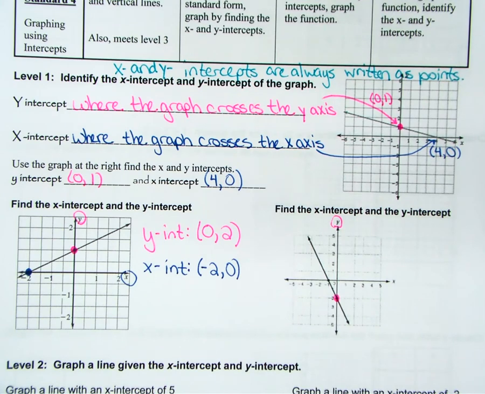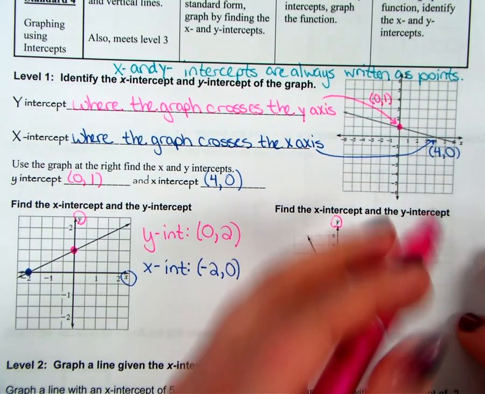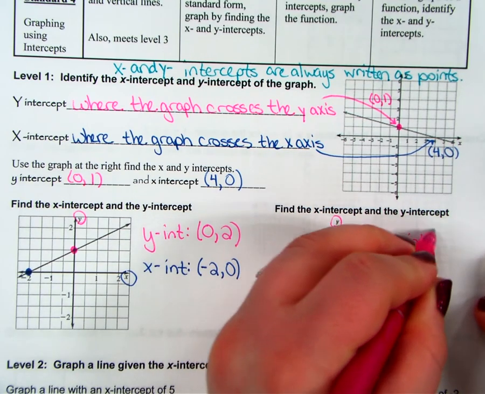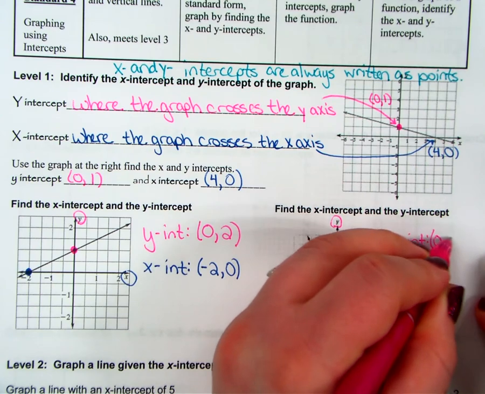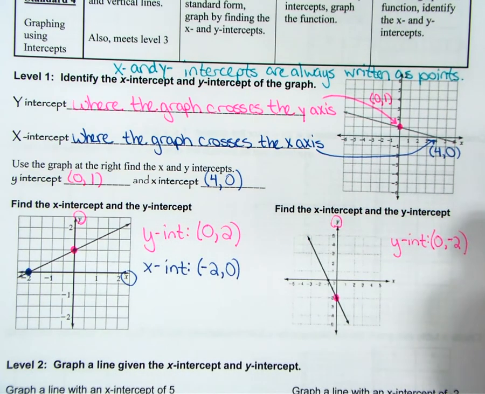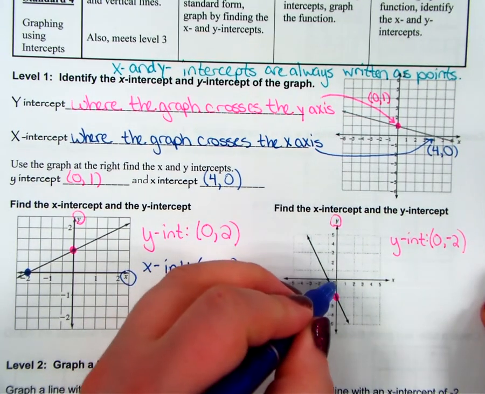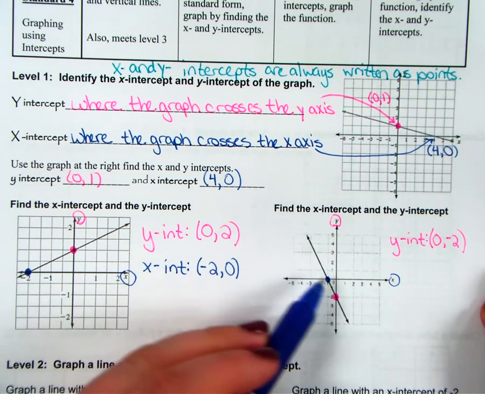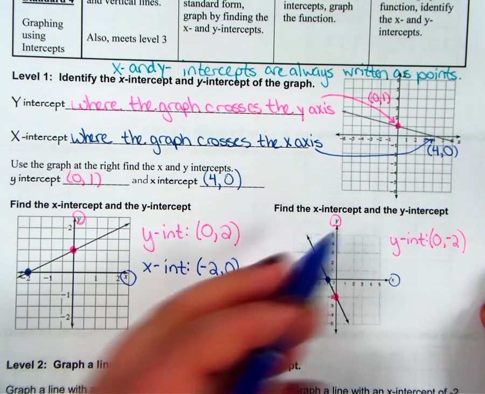You need to write it as a point. So we have y-intercept is at (0, -2). Our x-intercept, right here, crosses the x-axis, is at the point (-1, 0).